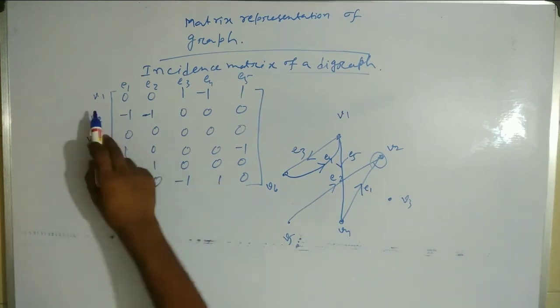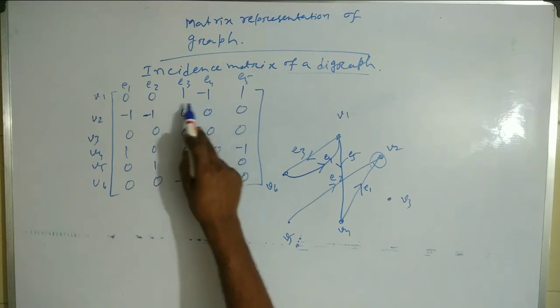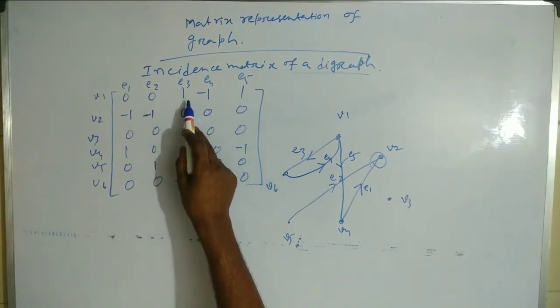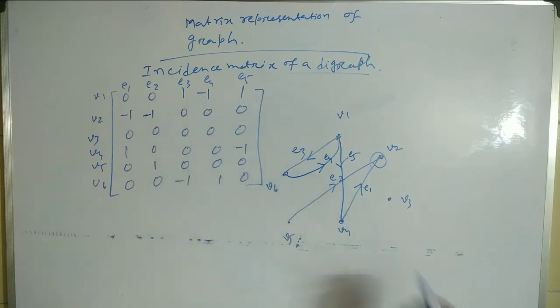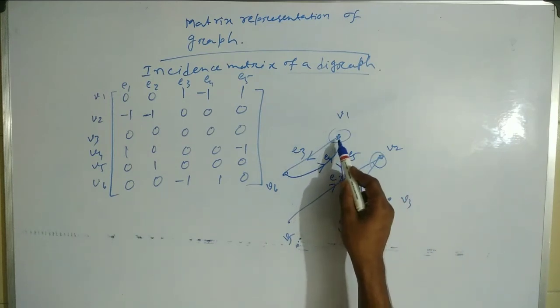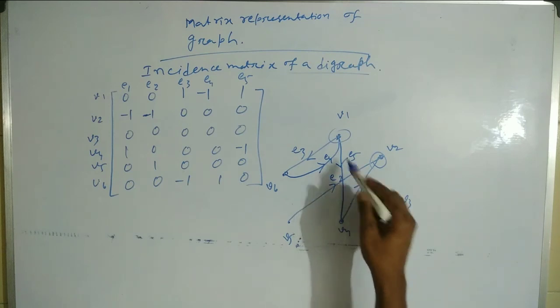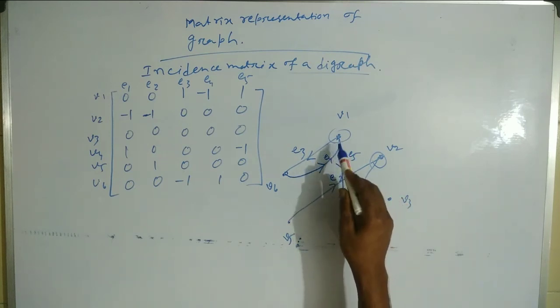Suppose we consider this vertex, there are two plus 1 and one minus 1. That is, the out degree of this vertex will be 2 and the in degree will be 1. Check it. This is V1. One edge is going out, another edge is going out, so 2 is the out degree, and one edge is going in, so 1 is the in degree.